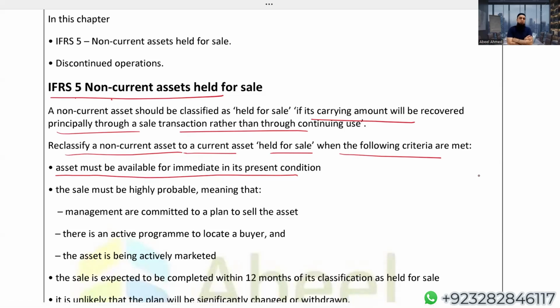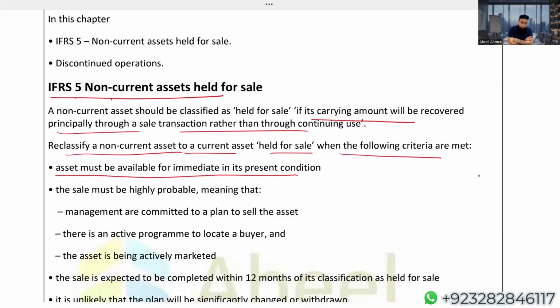For example, you want to sell a property, plant and equipment. Let's say your company has given an ad also, and assuming a potential buyer has visited that plant, that site, and that buyer really wants to buy it.